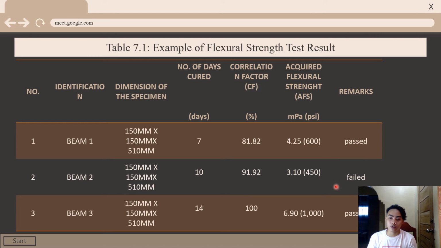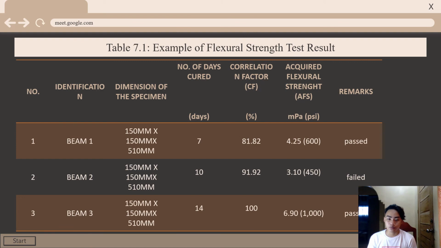So how do we know if a flexural strength test will pass, or if the material used in the test will pass? We showed it on the calculations page, wherein if the acquired flexural strength of a material is greater than its required flexural strength, it will pass the test.